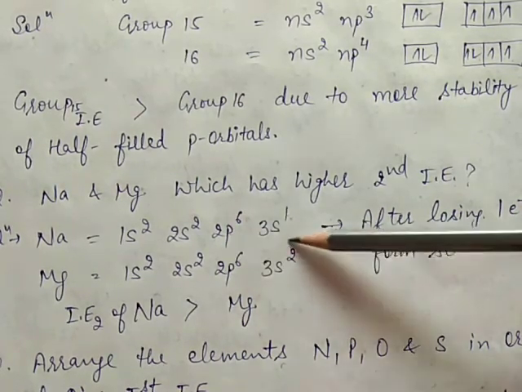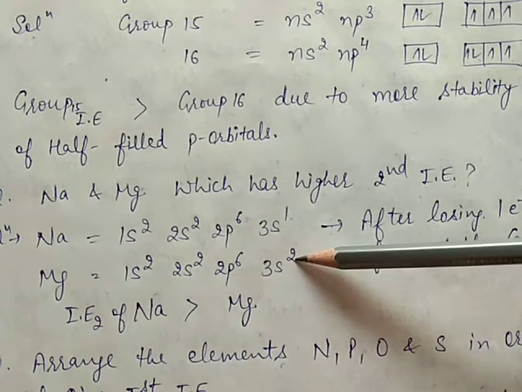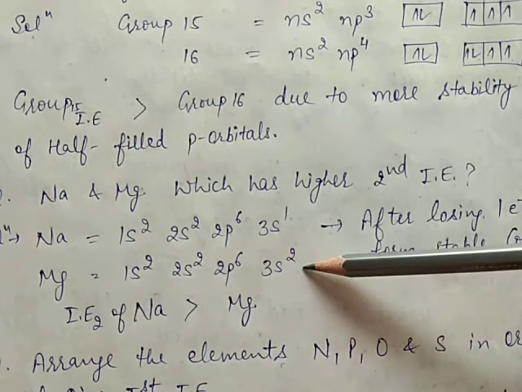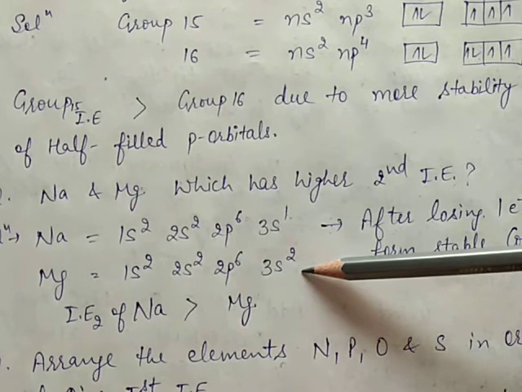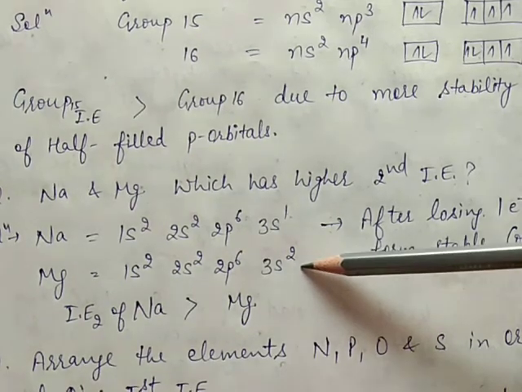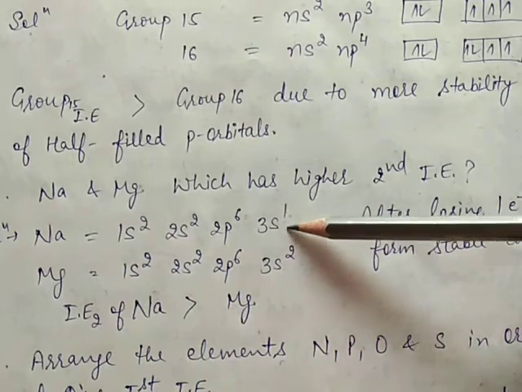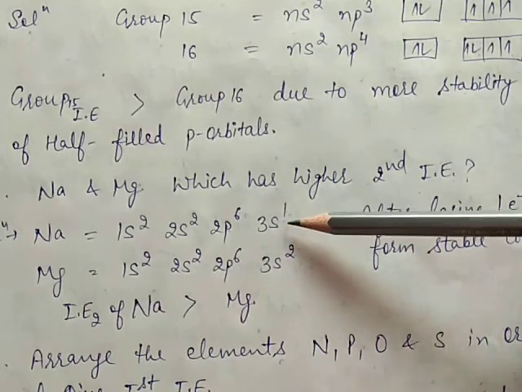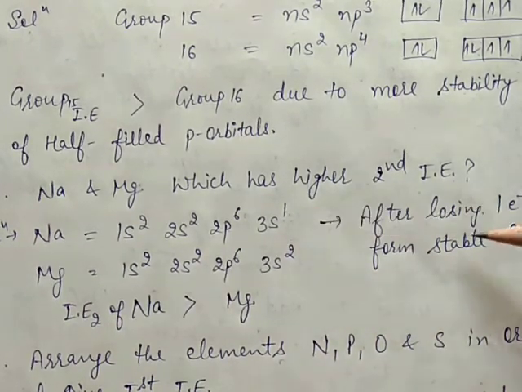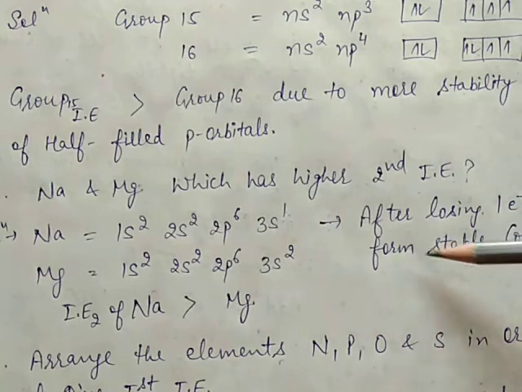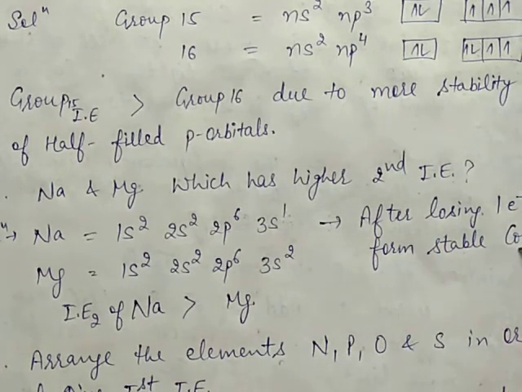But in magnesium, if we lose 1 electron, then 1 electron is still left, so this is not exactly half-filled or fully filled. In the sodium case, we lose 1 electron and it forms a stable electronic configuration.